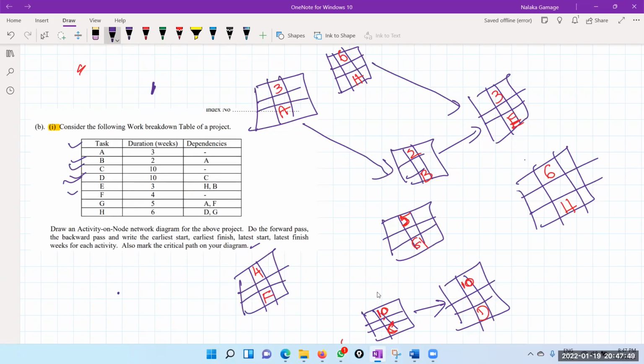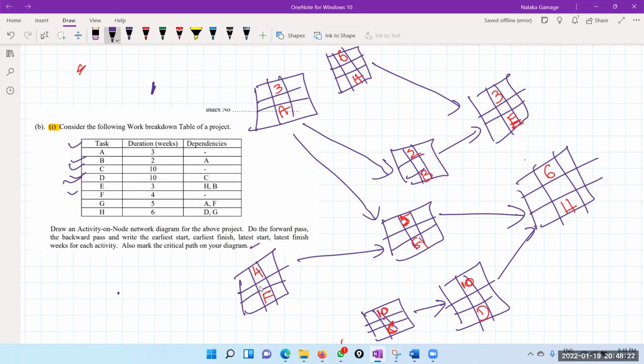G depends on A and F. Then H depends on D and G. Now there are four independent tasks, so they all can start.